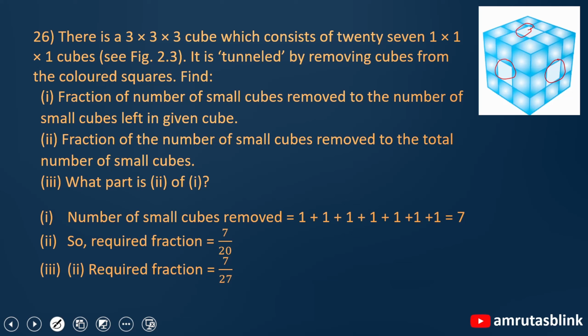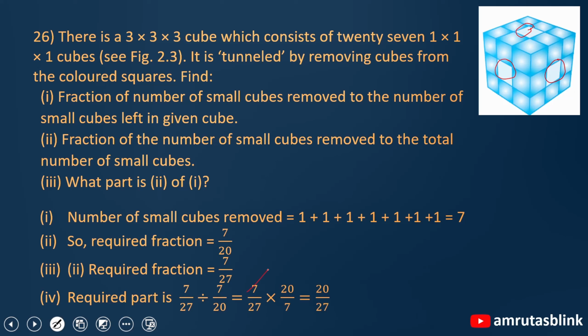And the third part of the question is what part is 2 out of 1. So we need to find out 7 by 27 is what part of 7 upon 20. Now how do we find this fraction? We need to make a division, that is 7 by 27 divided by 7 upon 20. That means 7 upon 27 into 20 upon 7.